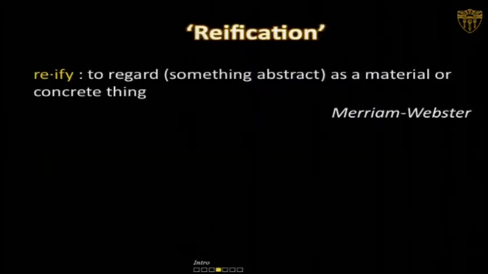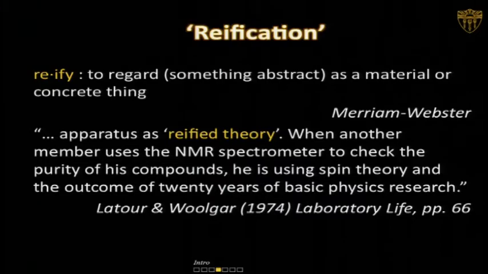And then finally, the final kind of conceptual basis of what it is I'm trying to create at this meeting is the process of reification. Now, to reify something is to take something abstract and turn it into a concrete thing. Now, within science, Bruno Latour, in his book in 1974, talks about how apparatus is a way of taking abstract scientific theory and turning it into a process that other people can use.